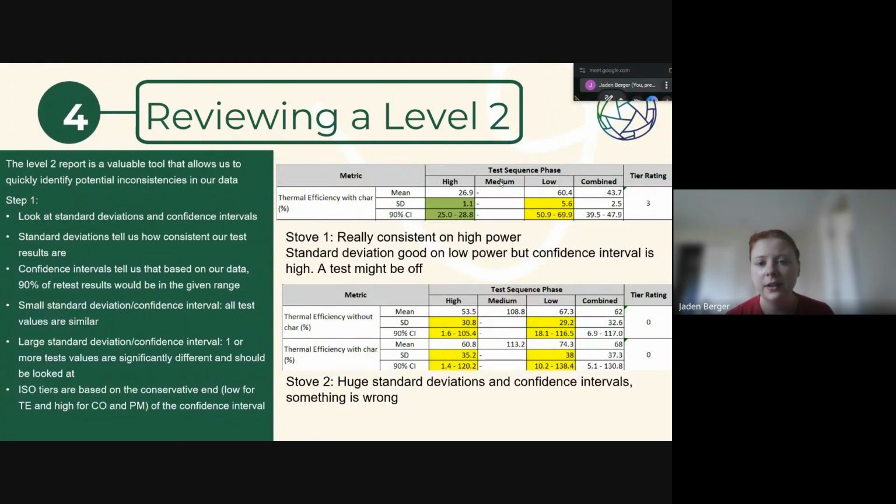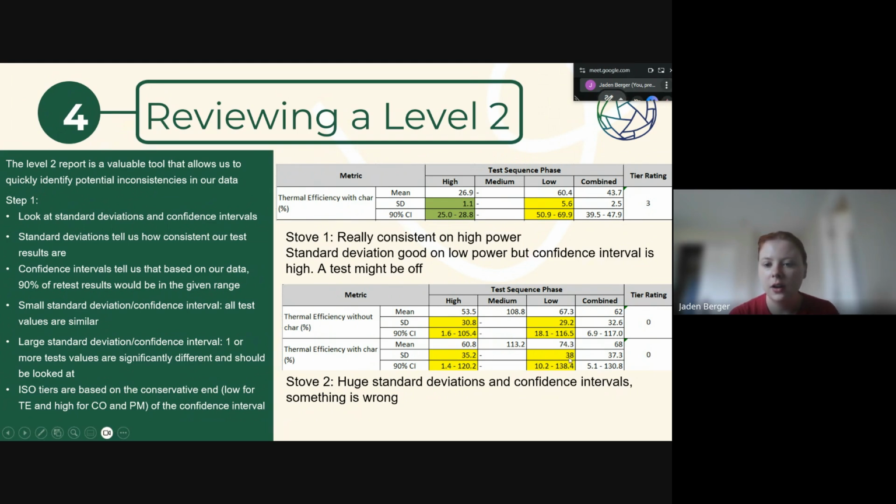We've got a standard deviation of 1.1. We've got a really small confidence interval. That means that all of my thermal efficiency with char results for this high power phase are pretty close to each other. That's really consistent. That means I did a pretty good job of running the test the same way every time.